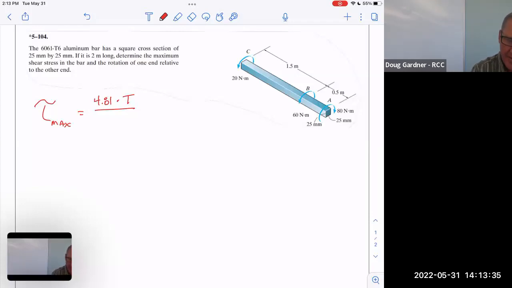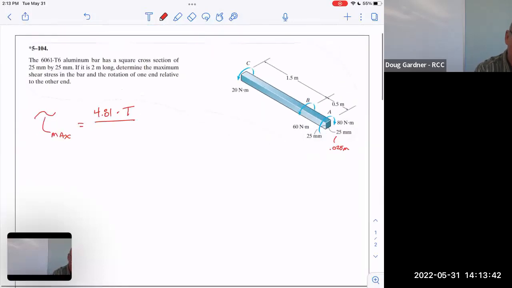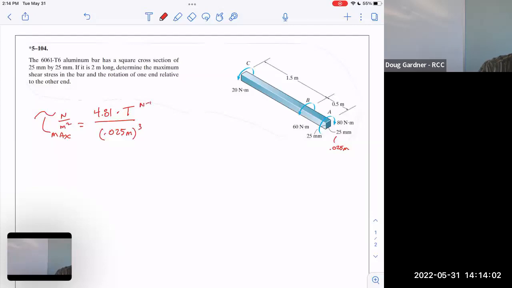I'm going to call that 0.025 meters, and put that in. 4.81 is a constant. And then torque. Since the shear has to be in newtons per square meter, this torque would be in newton meters, because the meters would cancel with one of the meters, and then I'd have newtons per square meter.